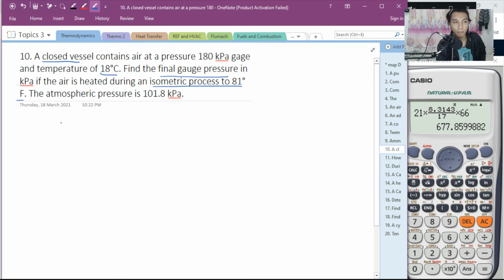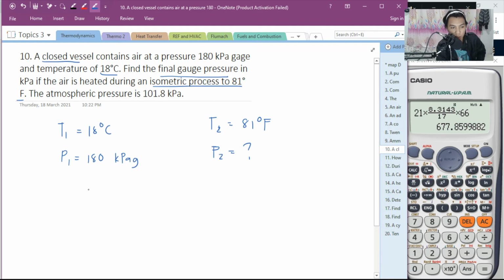So, meron kang T1, 18 degrees Celsius, P1 is 180 kPag, atmospheric is 101.8, T2 is 81 degrees Fahrenheit, and ang hinahanap mo dyan is P2, the final gauge pressure.